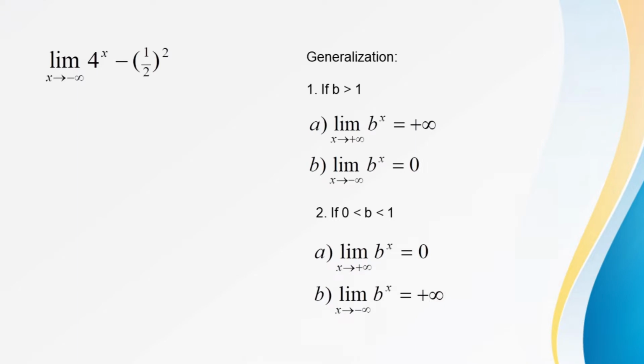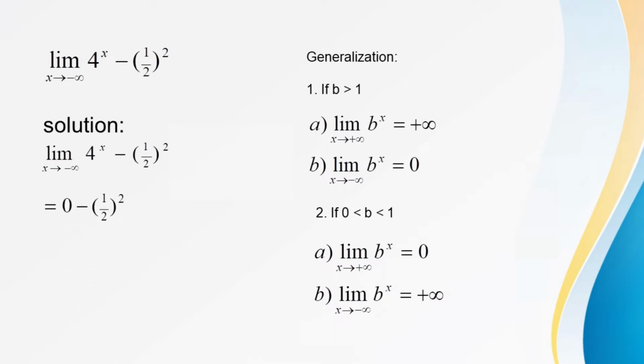It is stated that if b is greater than 1, as x approaches negative infinity, the limit of the exponential function is 0. Just like in the given example, 4 is greater than 1, which means that if we evaluate negative infinity, the limit of 4 to the power of x is 0.